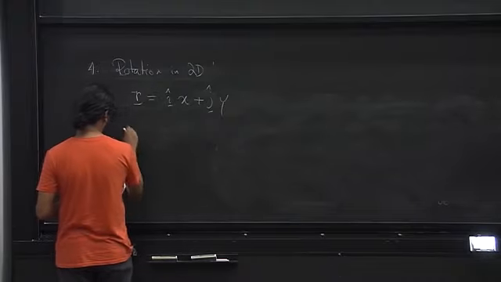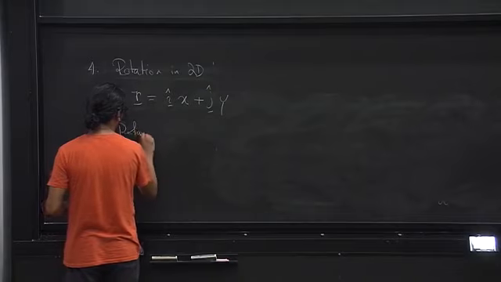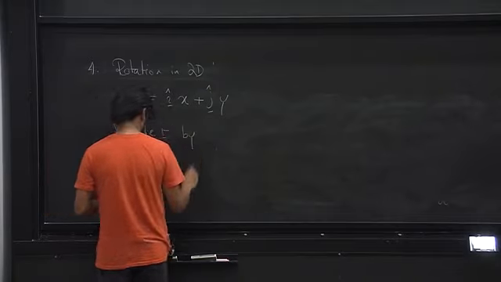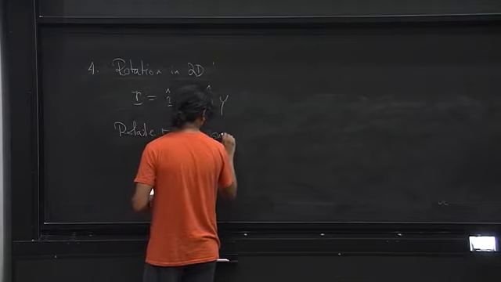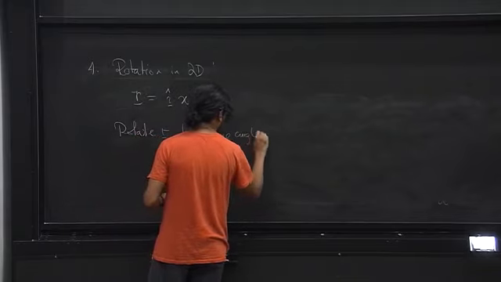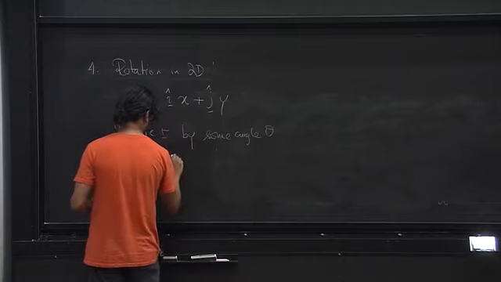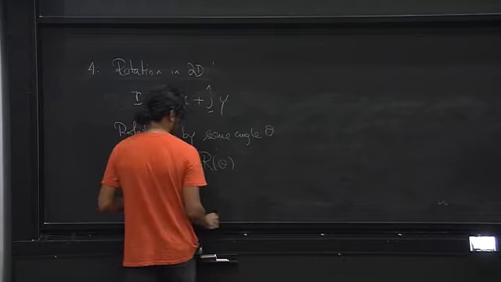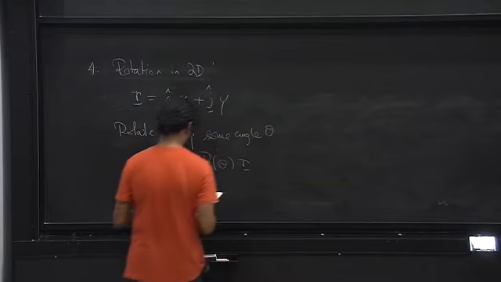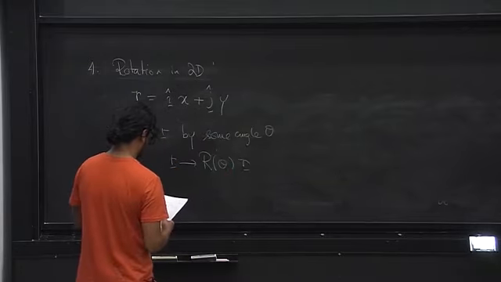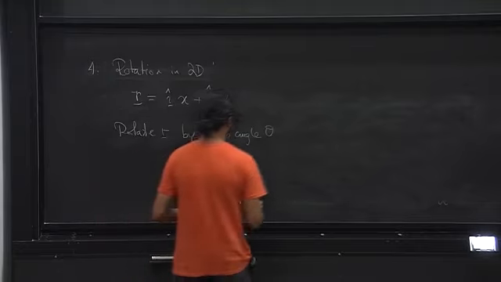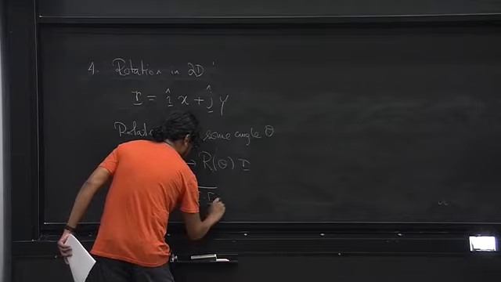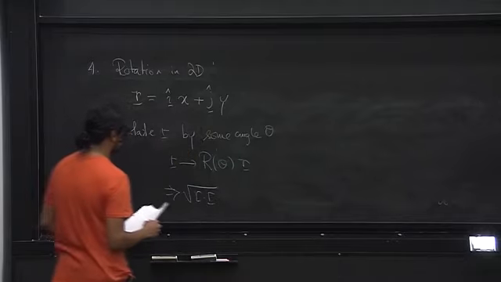Then we rotate r by some angle theta, so r goes to some matrix big R acting on r, such that the length of r remains unchanged.